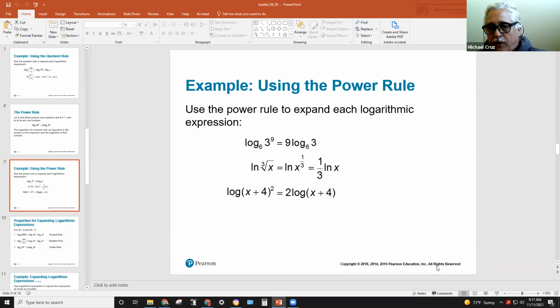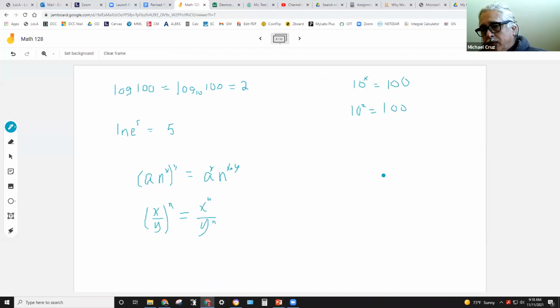So using the power rule, we'll look at a couple of things. The log base 6 of 3 to the 9th power, well, the 9 can come in front and multiply the log base 6 of 3. Now, I can't remember if I reminded you of this, but in earlier mathematics, and it also comes within the context of exponents, x to the 1 over n is equal to the nth root of x.